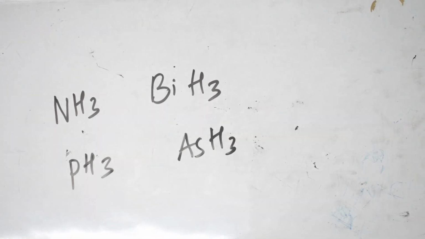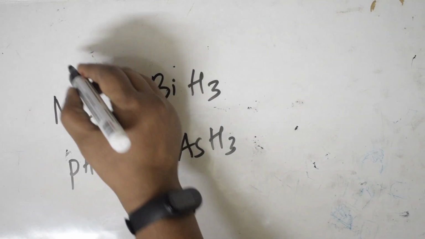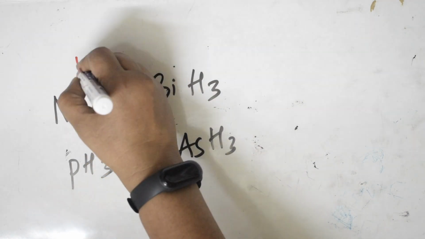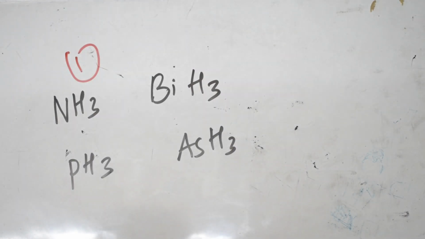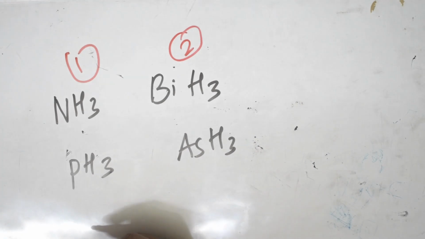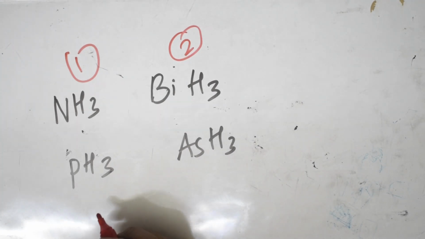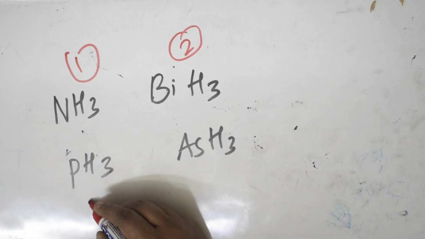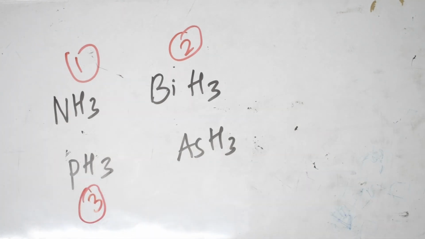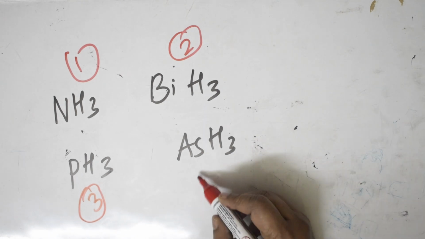Now you tell me, I said bond angle decreases down the group when electronegativity decreases. Let me name these: 1 nitrogen, more electronegative, 2 phosphorus, bismuth, then 3 phosphine, PH3, then arsenic hydride, this is 4.